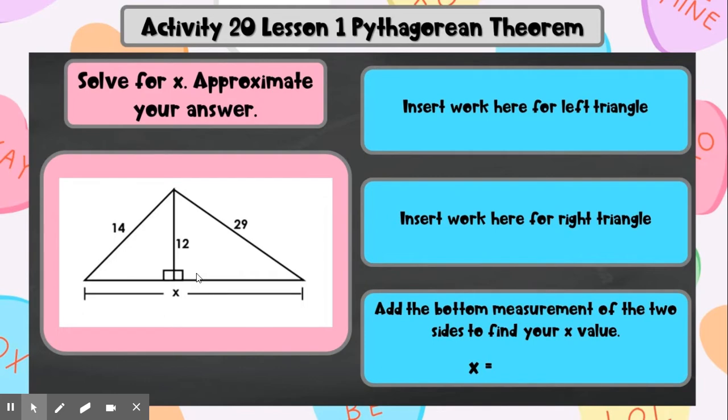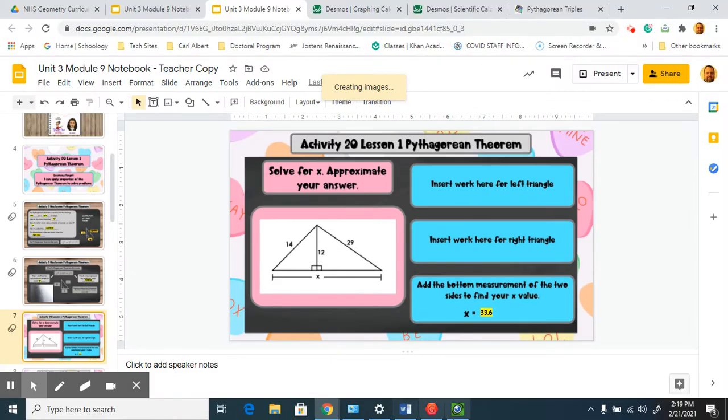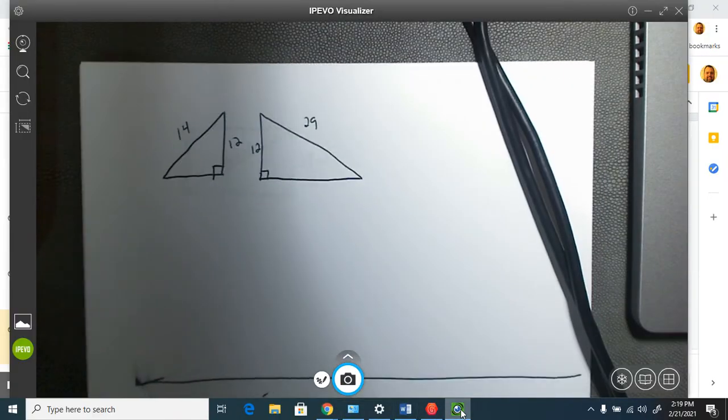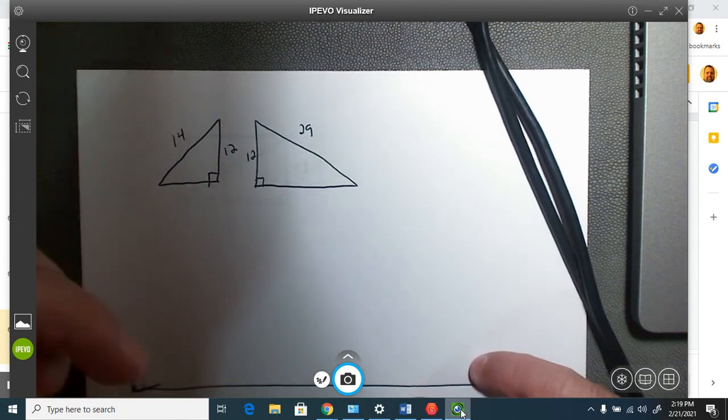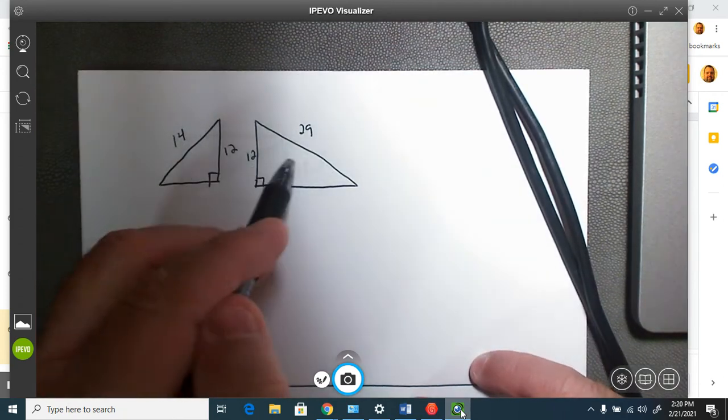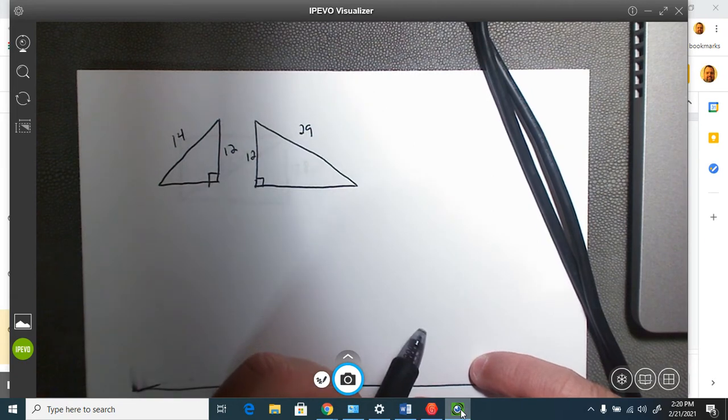So I have to split it up, where I look at the left triangle and then the right triangle. What that might look like on your paper is, I just split the two triangles apart.